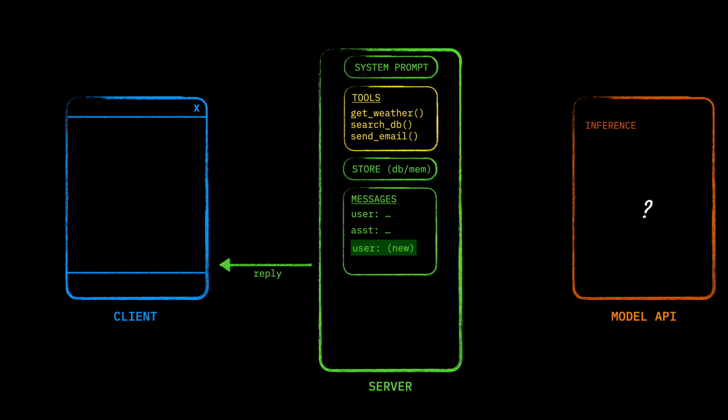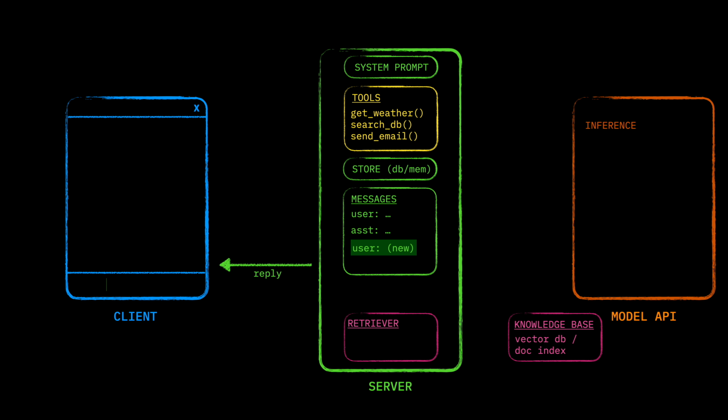Ask it about your company's internal docs, your code base, this morning's news, and it has no idea. Another architectural evolution that fixed this problem involves an external knowledge store, a vector database, a document index, anything searchable. When the user sends a message, the server doesn't immediately call the model.